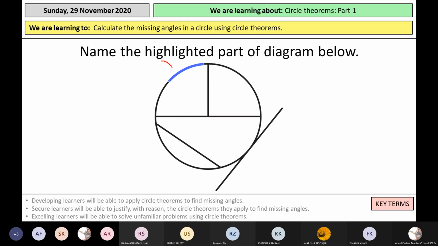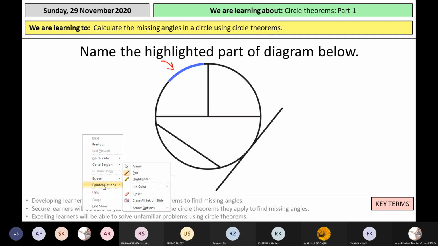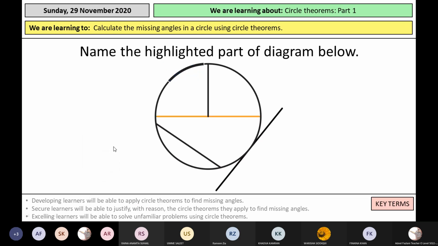I'm talking about this. So arc length. This is arc length. All right. Okay. Anyone else? Yes, this is actually an arc, right? This is, we can say, arc or arc length, right?